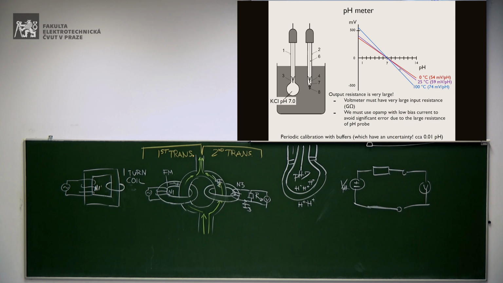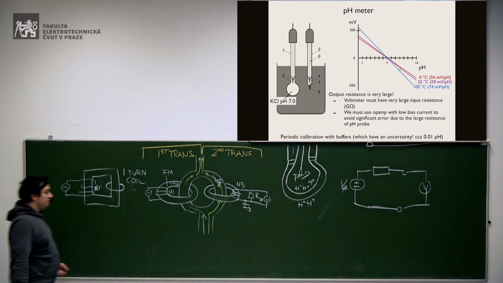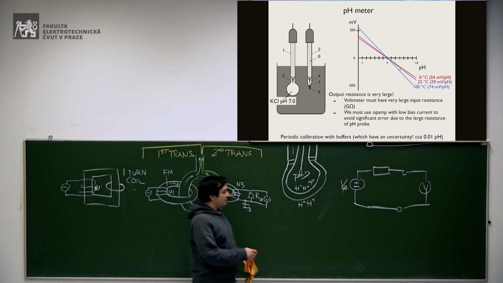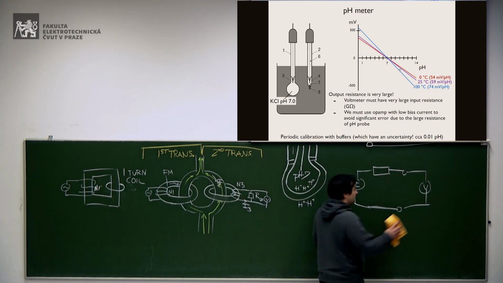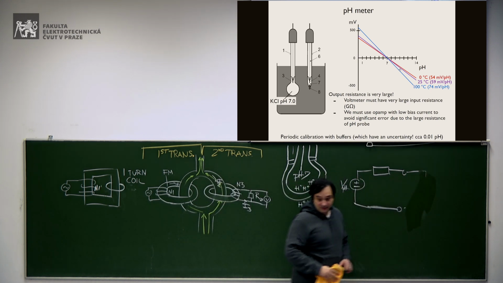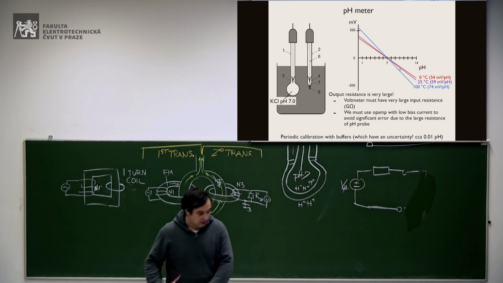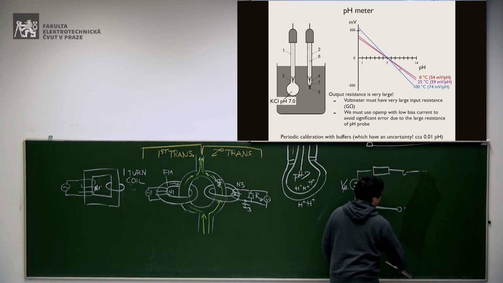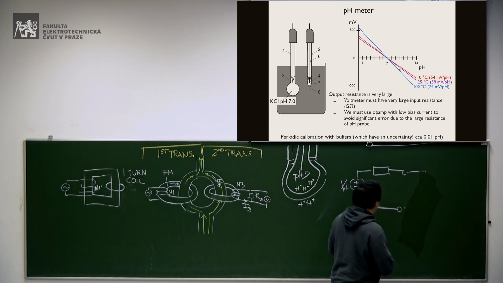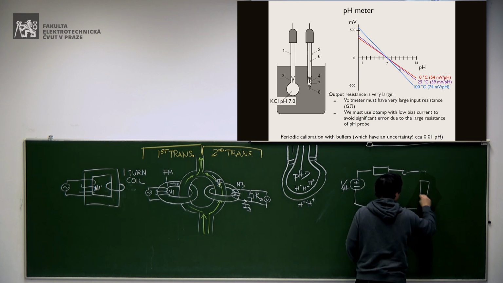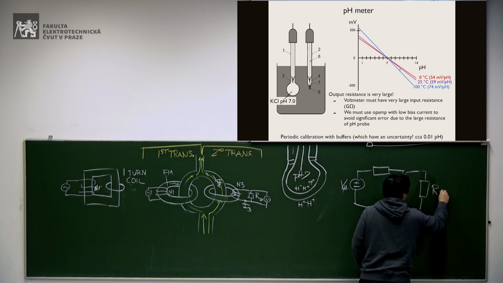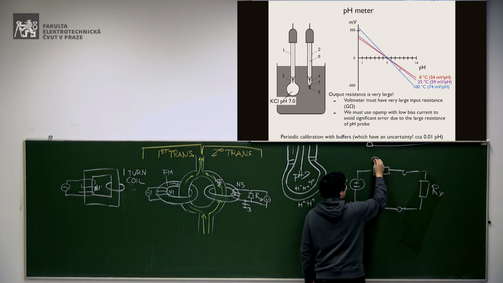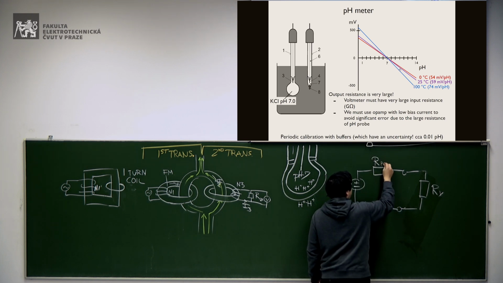We have always said, in theory, the voltmeter is an open circuit, and for most of the applications, you can assume the voltmeter is an open circuit, but as a matter of fact, it's not. It has always some input resistance, okay? And in this case, it's not negligible, okay? So this is the resistance of the voltmeter. This is the resistance of the probe.